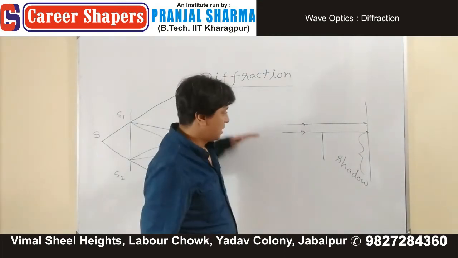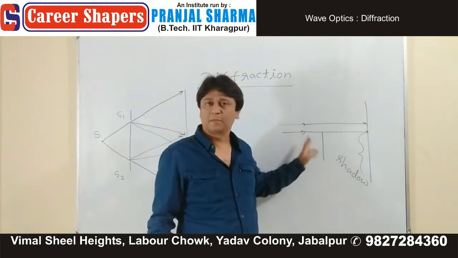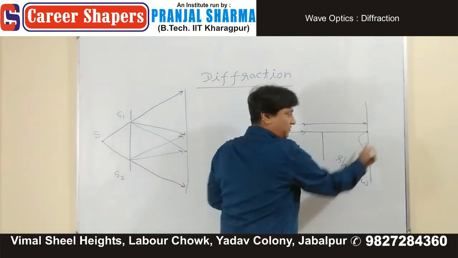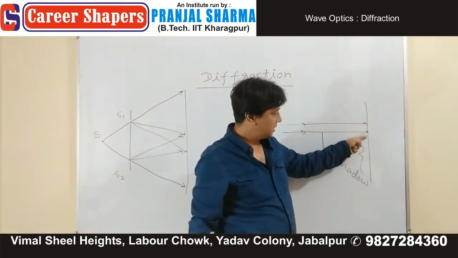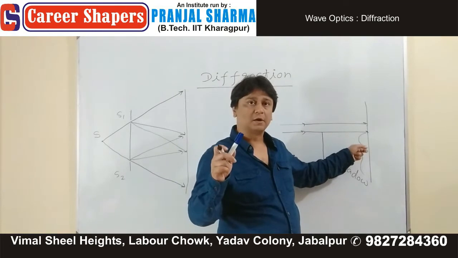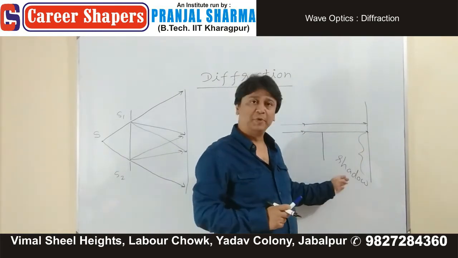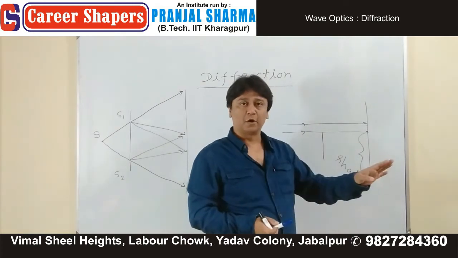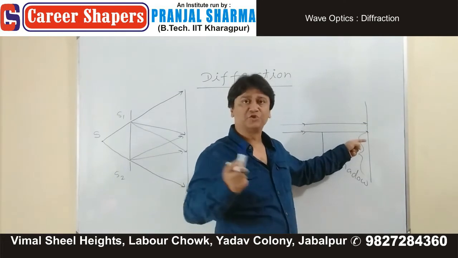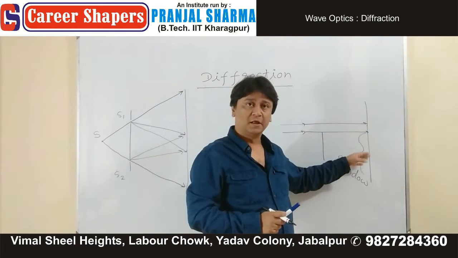But what is observed? When light arrives at this sharp edge, we find that there are certain positions over here which are not completely dark. Shadow means what? No light at all. But in reality, we find that there are fringes present. There are dark and bright spots present.